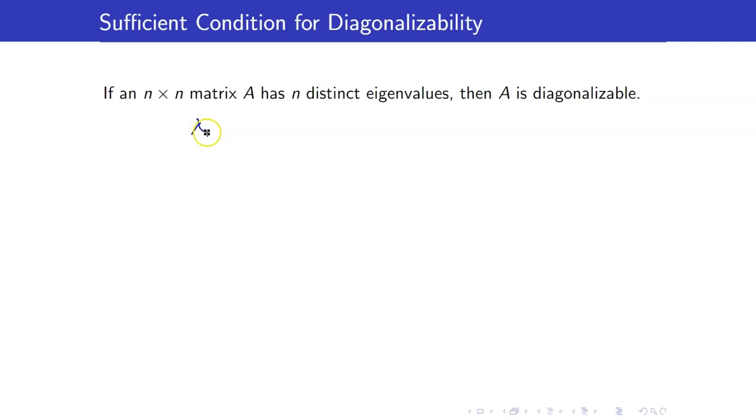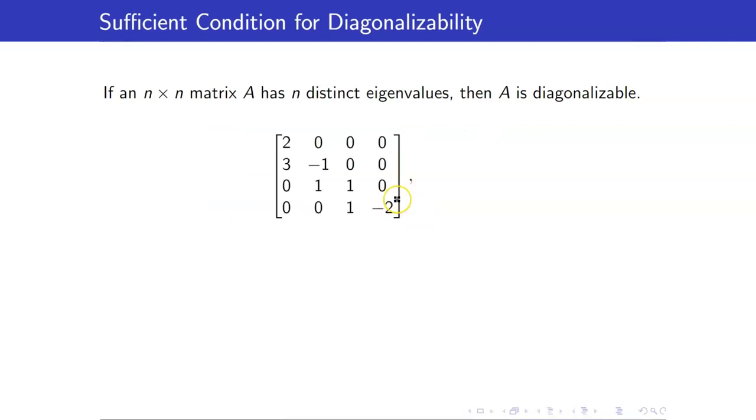That is, if lambda 1, lambda 2, up to lambda n are all distinct, and if we get their corresponding eigenvectors, let's say p1, p2 up to pn, this set will be linearly independent. So for example, I have this lower triangular matrix, and its eigenvalues are 2, negative 1, 1, and negative 2. Since all of the eigenvalues are distinct, then A is diagonalizable.